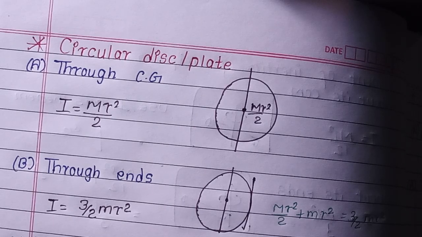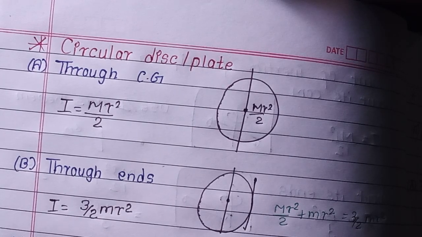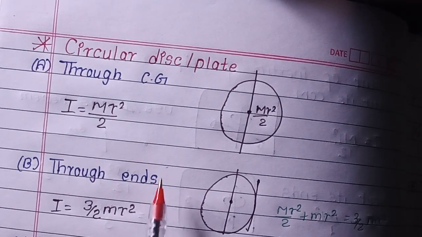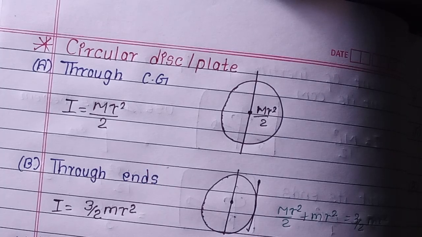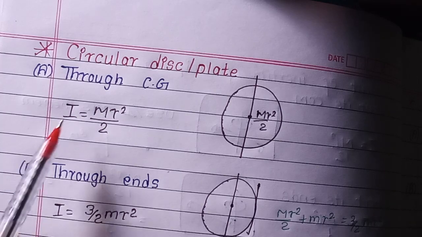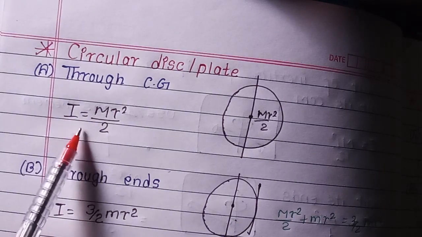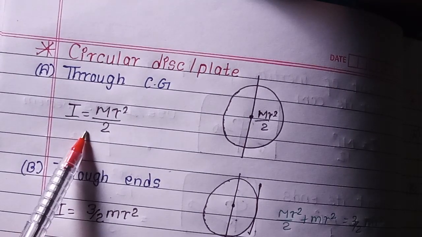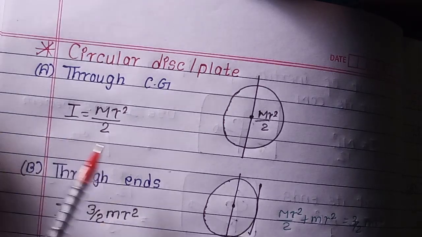And for the circular disc, we remember that for the diameter it is mr square by 2, which is for the circular ring or circular loop.